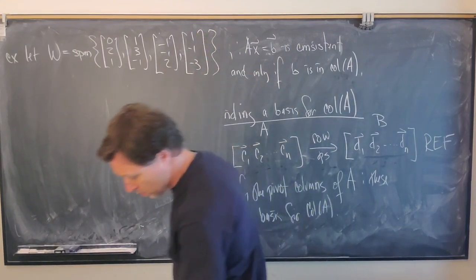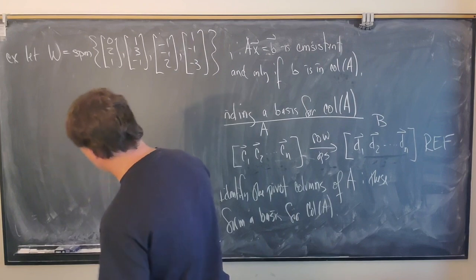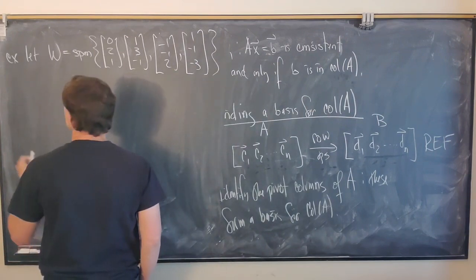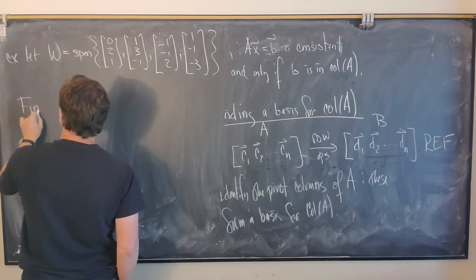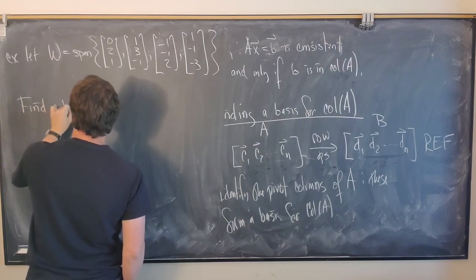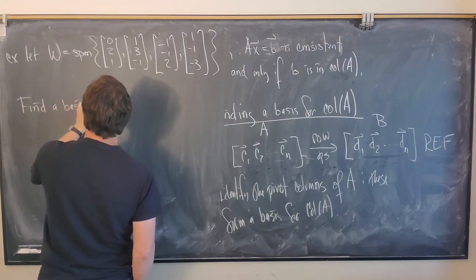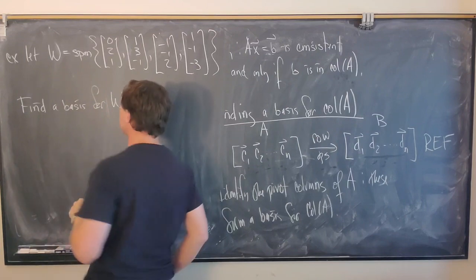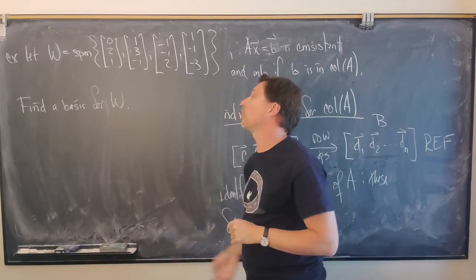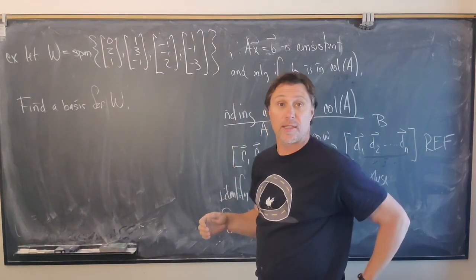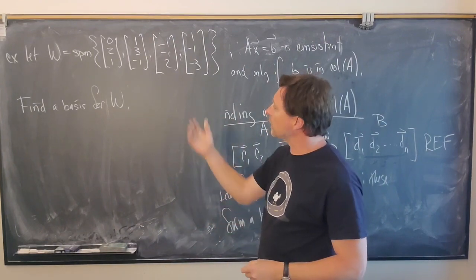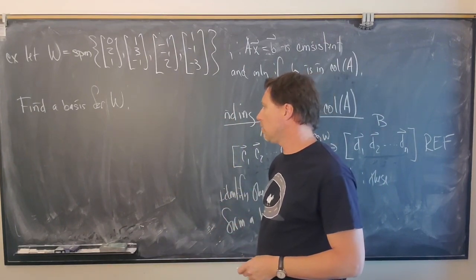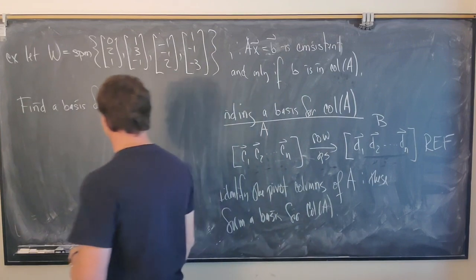Got that right? Yep. Okay, now the instructions, what I'd like to do in this example, I want to find a basis for W. All right, so we have this collection of 4 vectors sitting in R3. W is the span of those 4 vectors, and I'd like to find a basis for the span. So what do I do?